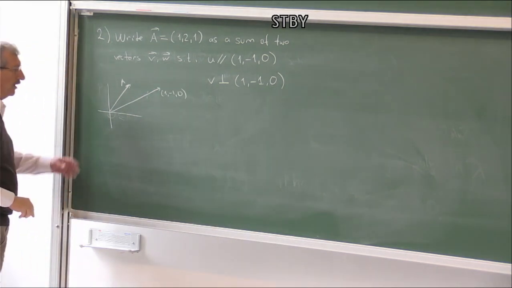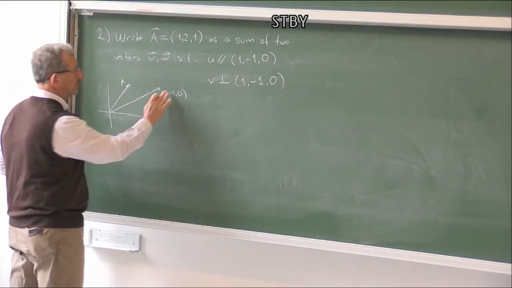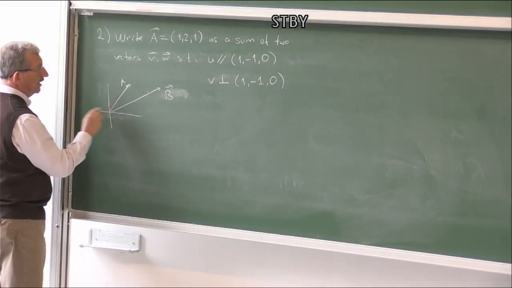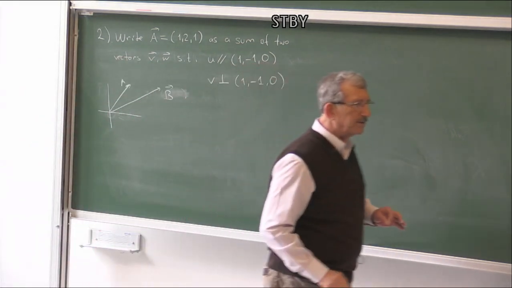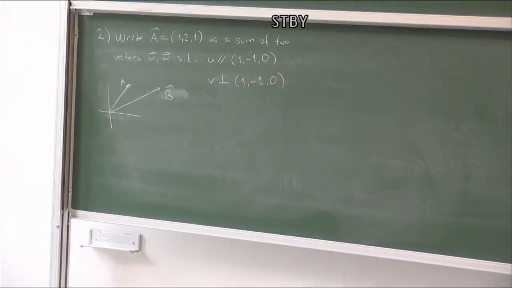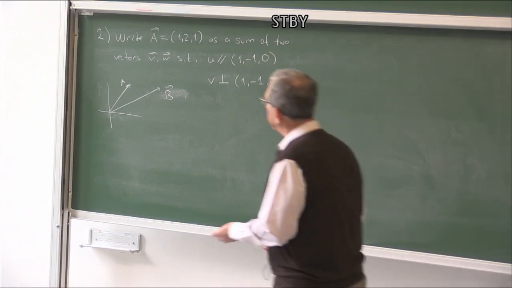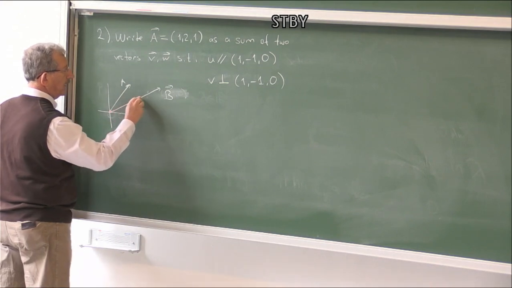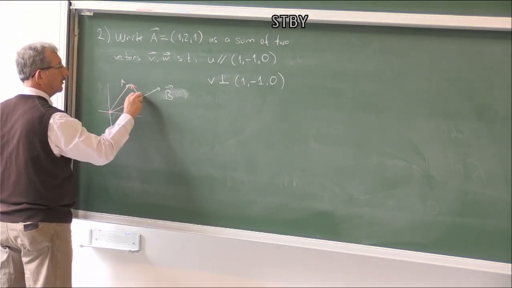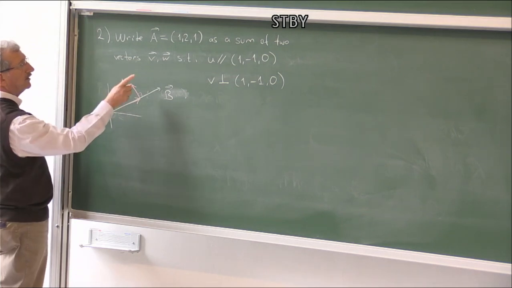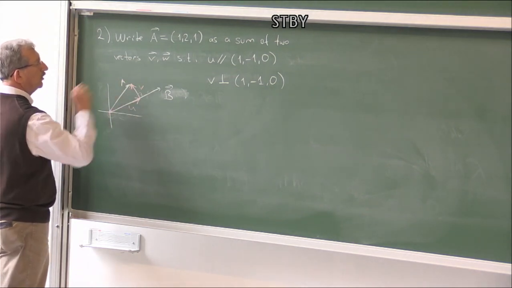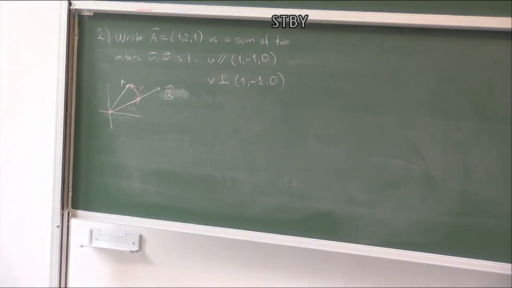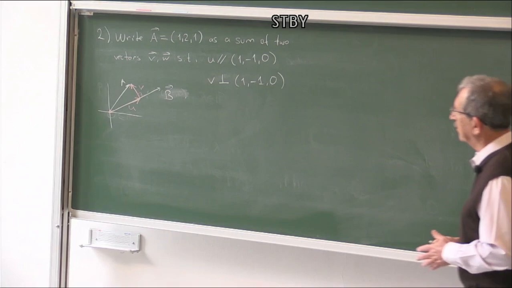Well, I mean, it doesn't fit into the picture, so let me just say B. And we want to write A as a sum of two vectors, one of which is parallel to B, and the other one is perpendicular. So the parallel one is U, the perpendicular one is V. So this is nothing but calculating the projection.